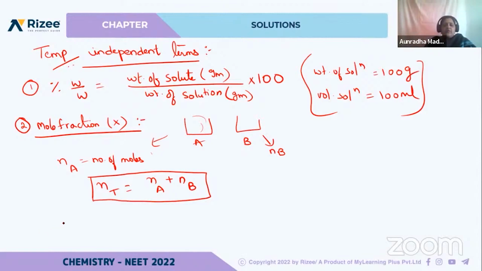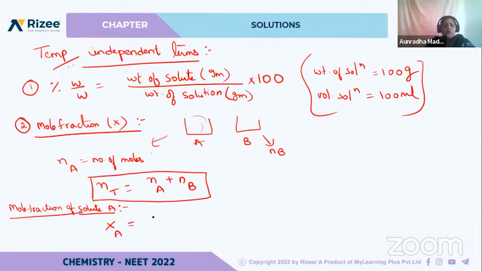Let's consider mole fraction one by one. Mole fraction of solute A, substance A, is denoted XA.